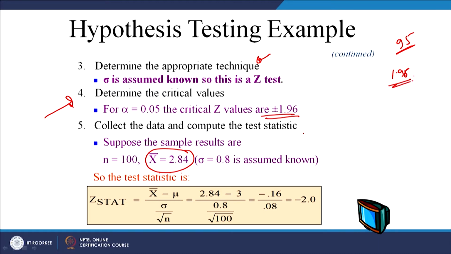So, your critical values are minus 1.96 to plus 1.96. Then collect the data. We collected data from 100 homes and found that the average number of TV sets is 2.84. Of course, the standard deviation of the population was already available with us. So, the Z statistic is calculated and this value is minus 2.